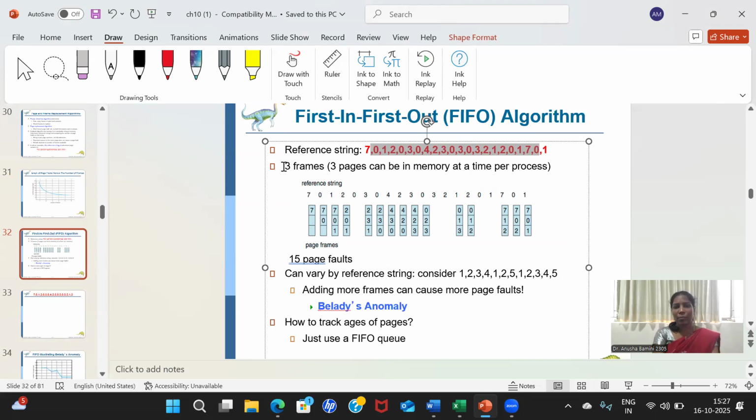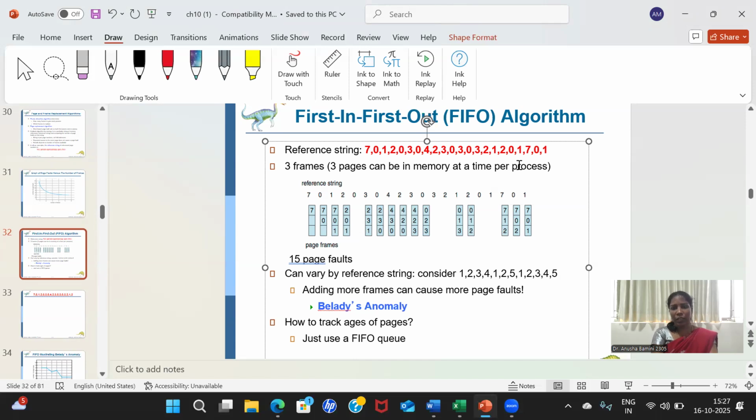Now, the size of the main memory frames given is 3 frames. Only we have 3 compartments. In these 3 frames, we need to accommodate this many pages. So the first concept is first in, first out algorithm.